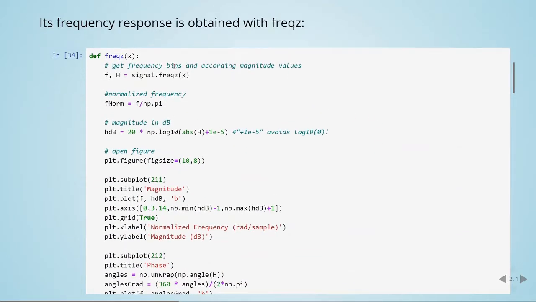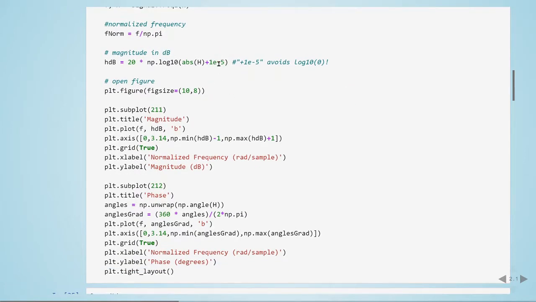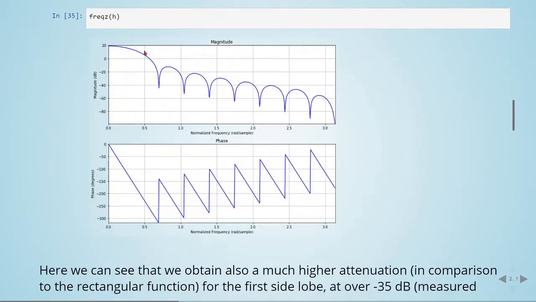It's the same: we use scipy.signal.freqz, we have our normalized frequency, and we calculate our magnitude in dB with 20 times log10. In this case we're just adding this small number to avoid the log of 0. Then we have these two plots, one for the magnitude in dB and one for the phase in degrees.